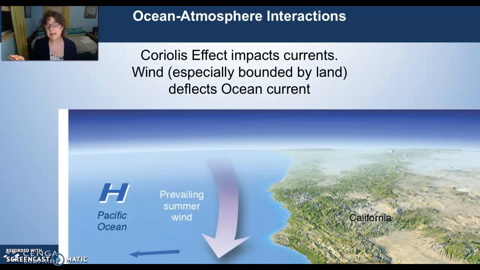So this particular current is really noted when it is backed against a landmass. And then you really start to notice the current heading to the right. So you see this coming down and deflecting to the right, deflecting to the Western Pacific.